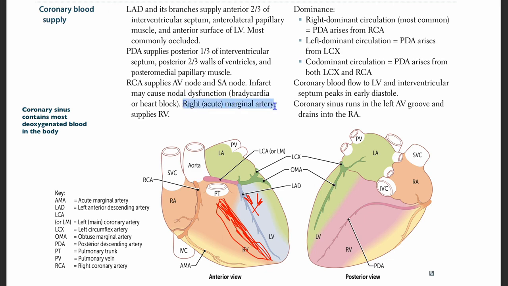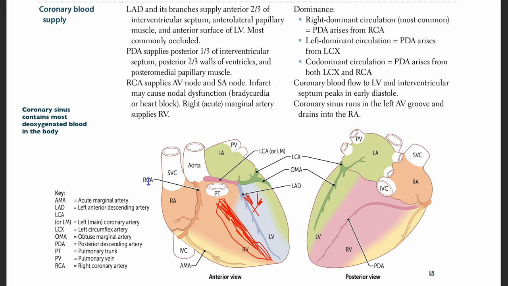The right acute marginal artery supplies the right ventricle. Okay, that's this one, the acute marginal artery. Yeah, so that comes from the RCA, which is the right coronary artery. So don't confuse your coronaries with carotids and cerebral arteries.